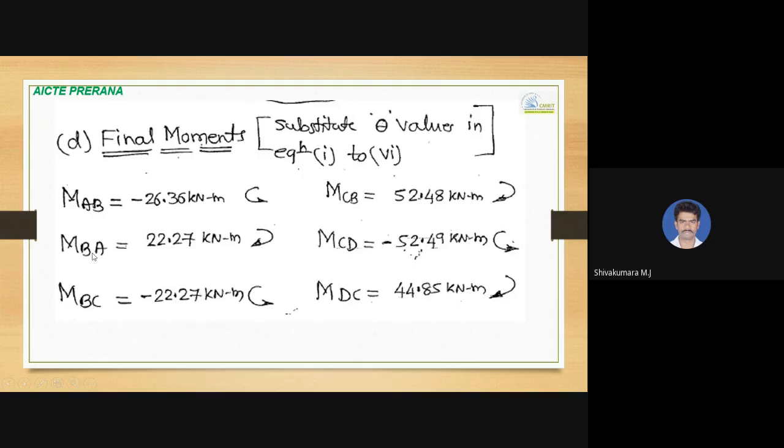You can observe the values of MBA and MBC. This is plus 22.27. This is minus 22.27. Based on the compatibility condition, you know that on addition of both, the net moment will be equal to 0. In the same manner, for MCB and MCD, you can have a look, the same value with the other sign convention. So the net moment value at that point is 0.